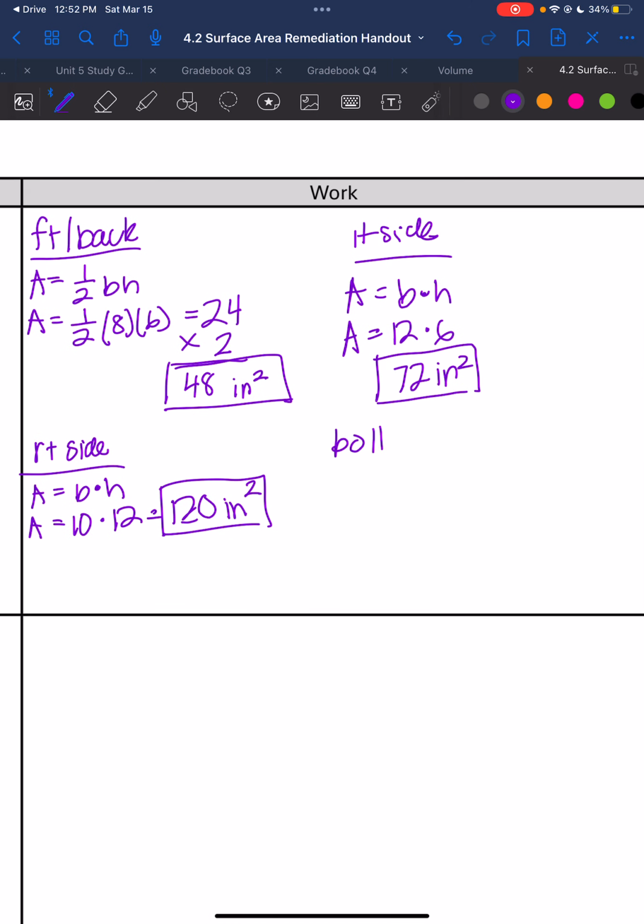So I'm going to say that's the bottom, and it's a rectangle, so I'm multiplying the base times the height to get the area. So 12 times 8 equals 96, and my units are inches squared.